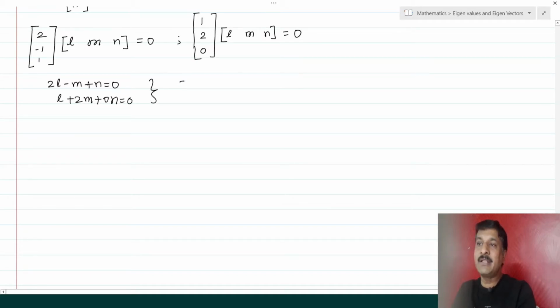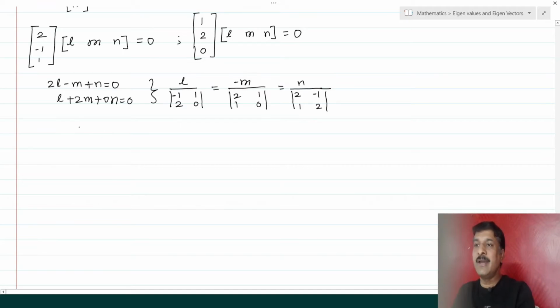And by Cramer's rule, I can find the values of L, m, n. The first determinant is minus 1, 1, 2, 0. Second is minus m always: 2, 1, 1, 0. And for n: 2, minus 1, 1, 2. So what are the values of L, m, n?